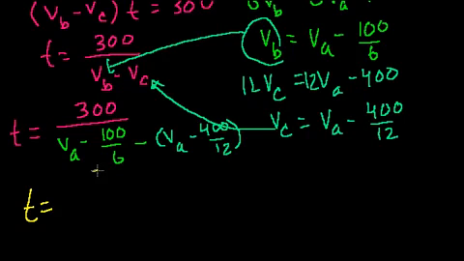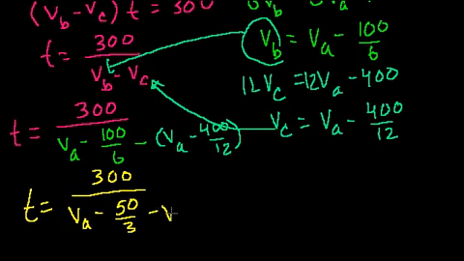T is equal to 300 over VA minus, what's 100 over 6? 100 over 6 is the same thing as 50 over 3. Distribute the minus sign. Minus VA, we can already see these are going to cancel out. Minus times a minus, plus 400 over 12 is the same thing as 200 over 6 or 100 over 3, right?